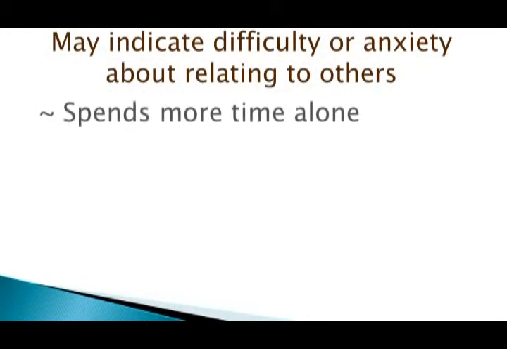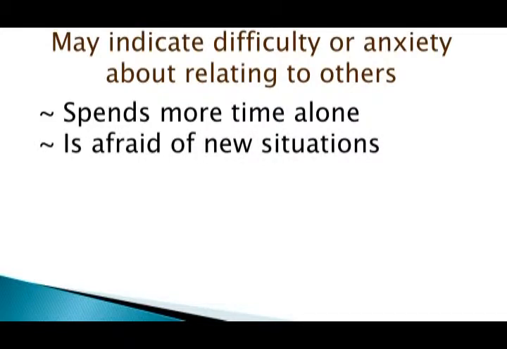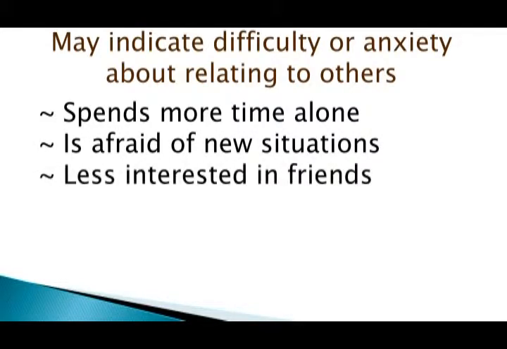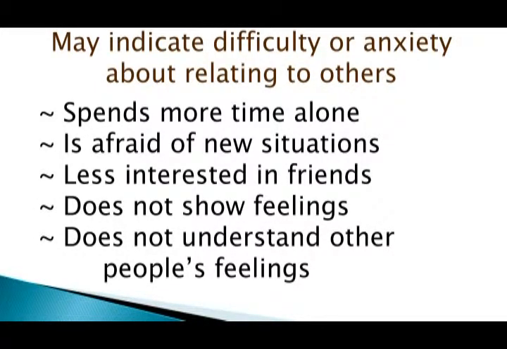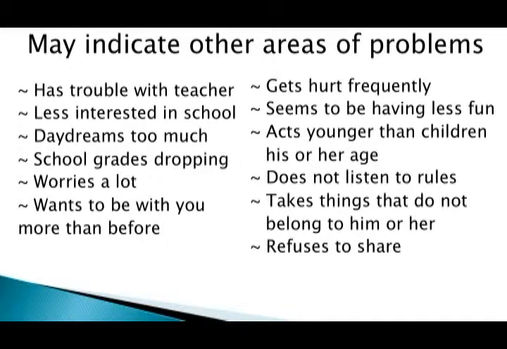Does your child have a little bit of problem with paying attention to friends, understanding their friends' emotions? Does your child not seem to understand when other children are upset with them? These are things we might want to also take a look at. And we also have other problem areas like grades dropping, different worries, problems with teachers, problems at school. These are the different kinds of things we look at in a child problem checklist.